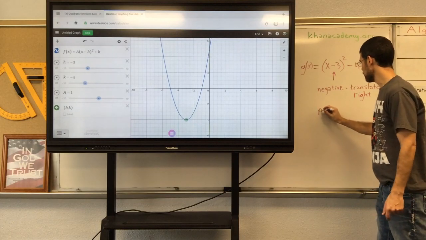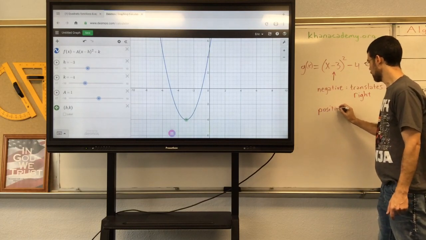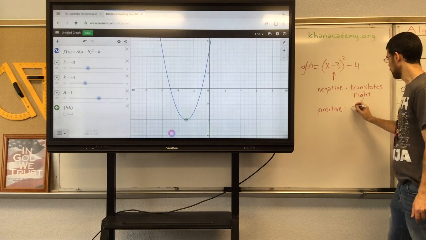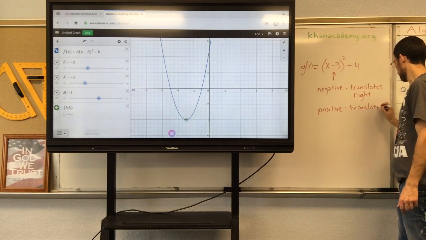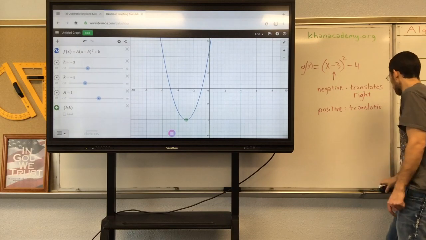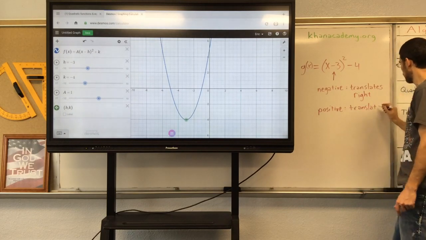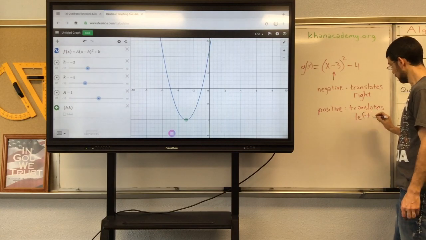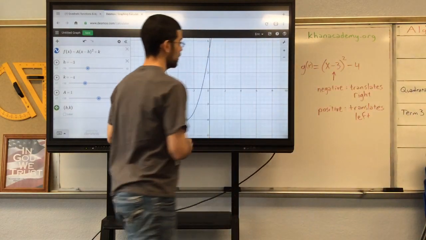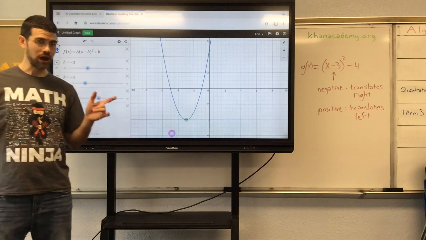If the sign is positive, then the translation is to the left. Okay, so it's sort of counterintuitive.